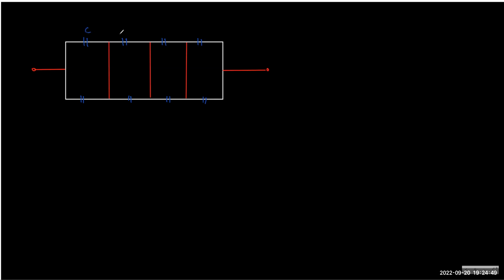So let's say this is C, this is C by 2, C by 4, C by 8. And same here.